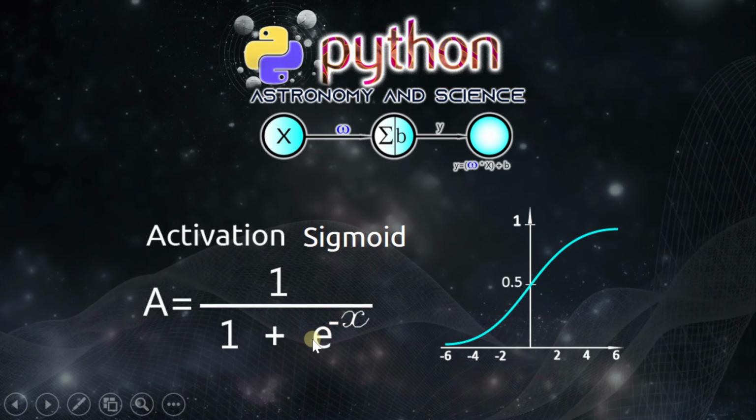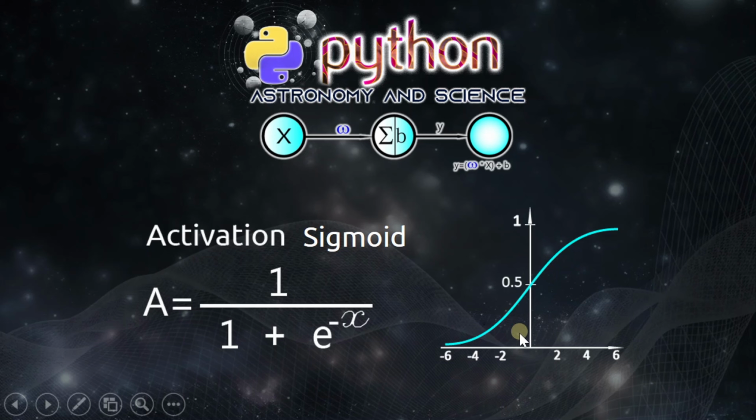So when X goes to a large number, A, the activation function, would start leaning toward 1, which is a perfect signal. However, the activation starts when A crosses 0.5 or when A is equal to 0.5 something, okay?